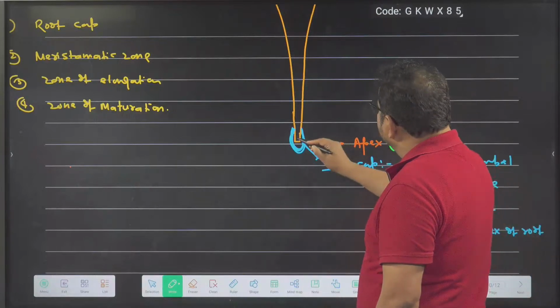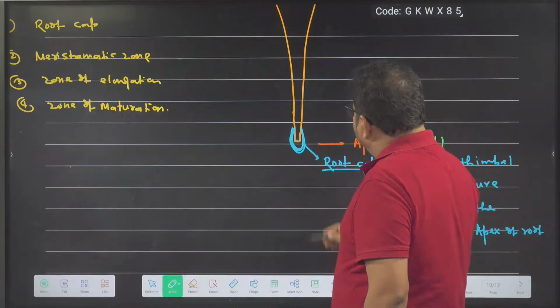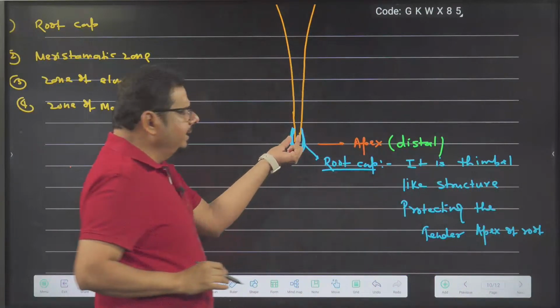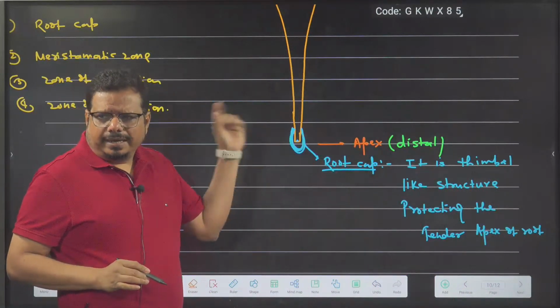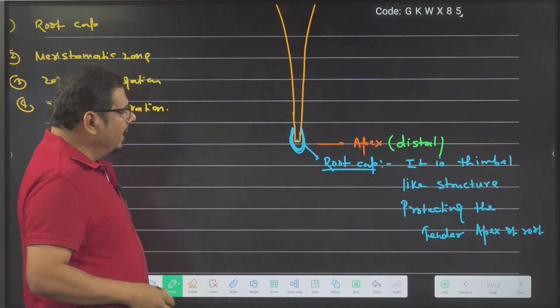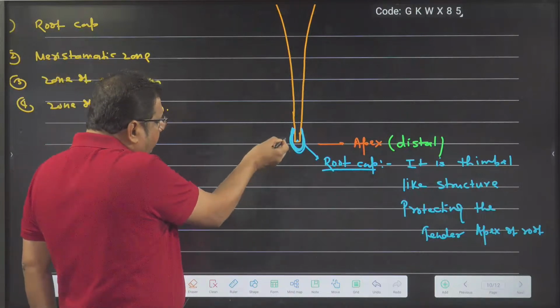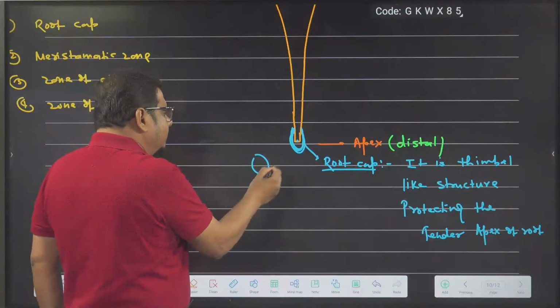This is the apical part. It is very delicate, very tender, soft, and this particular part is penetrating the soil. Here it is the soil.